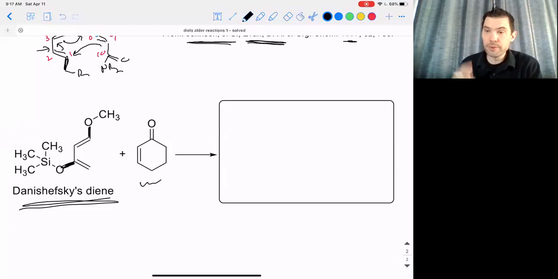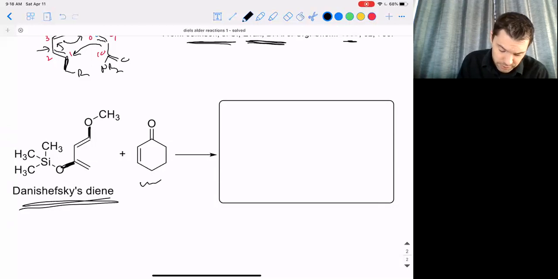And it turns out you're always going to get the kind of ortho or para version. And I personally don't like that nomenclature because ortho and para are special for benzene rings, and we're not going to make a benzene ring here. And so I don't really know how it got used, but in any event, it's kind of the terminology.